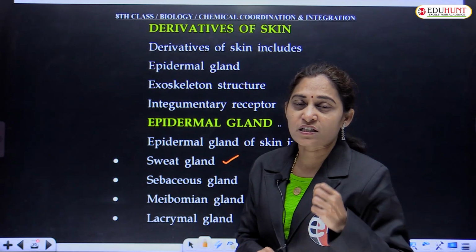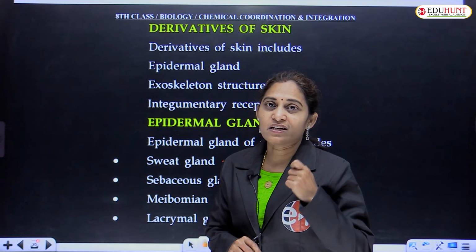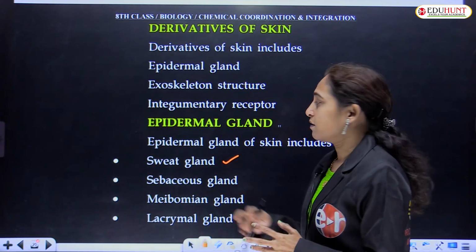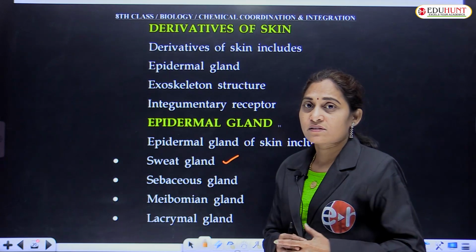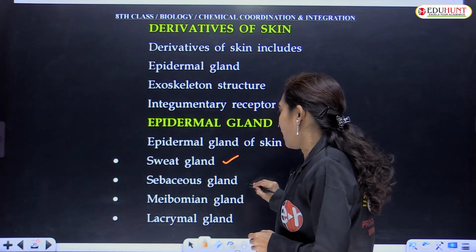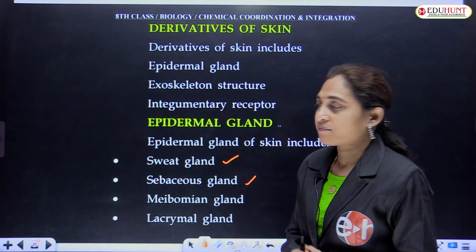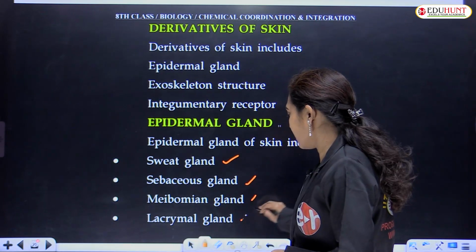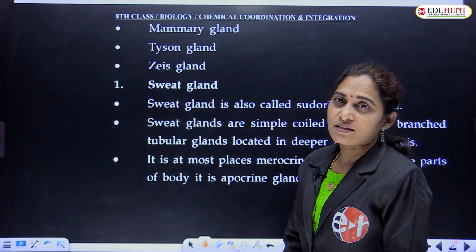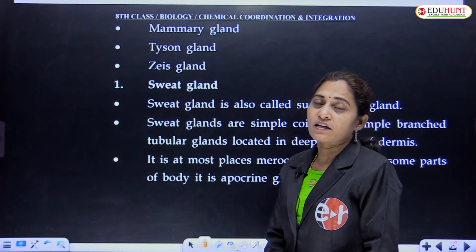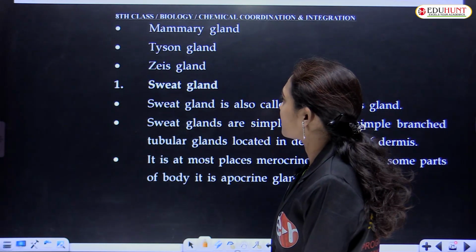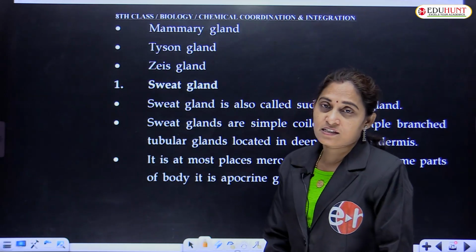Through these pores, the sweat is secreted or released out. We'll discuss the sweat gland and its function now, and then sebaceous glands, meibomian glands, lacrimal glands, mammary glands, Tyson glands, and Moll's glands. These are the several types of glands present in the human skin.